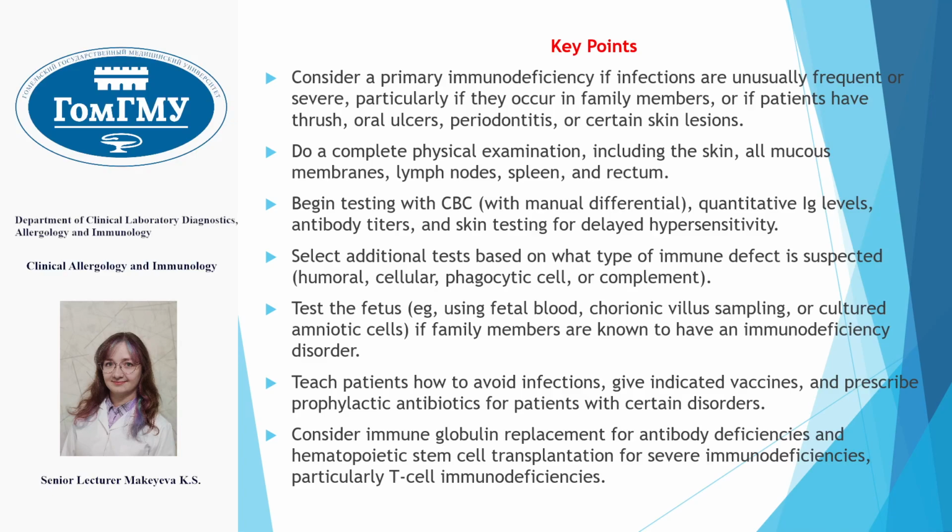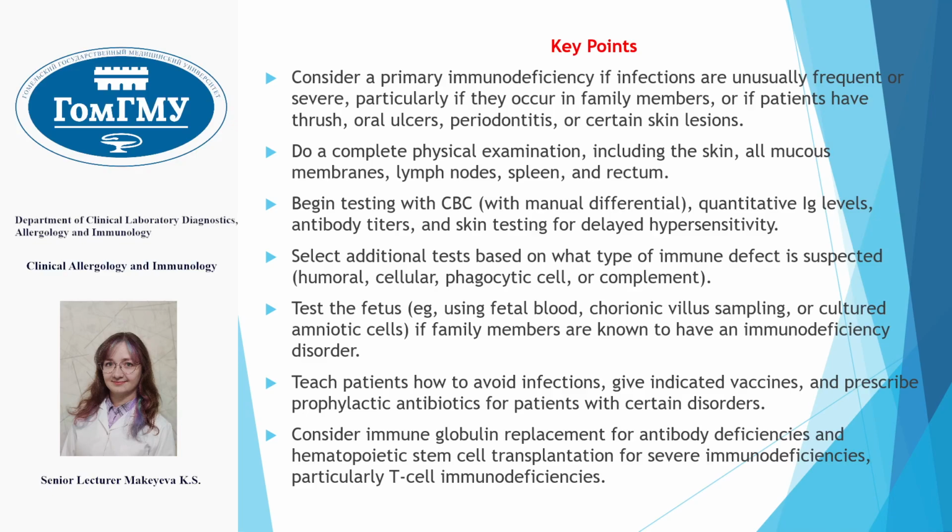Begin testing with complete blood count with manual differential, quantitative Ig levels, antibody titers, and skin testing for delayed hypersensitivity. Select additional tests based on what type of immune defect is suspected: humoral, cellular, phagocytic cell, or complement.